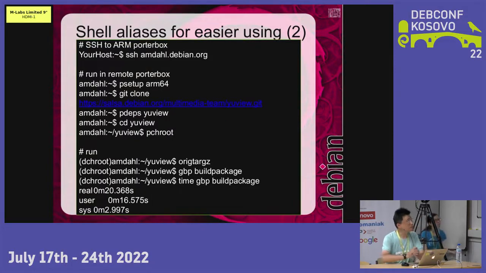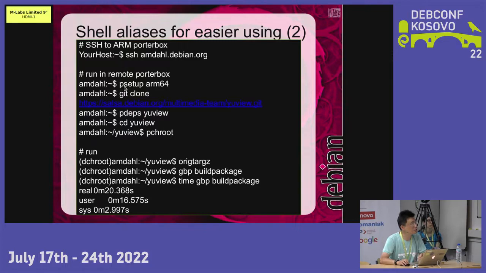Just an example, after applying my aliases, you can SSH to the ARM porterbox and do a setup. The ARM porterbox supports not only one architecture, but actually arm64, armel and armhf, so we need to specify which architecture to set up.